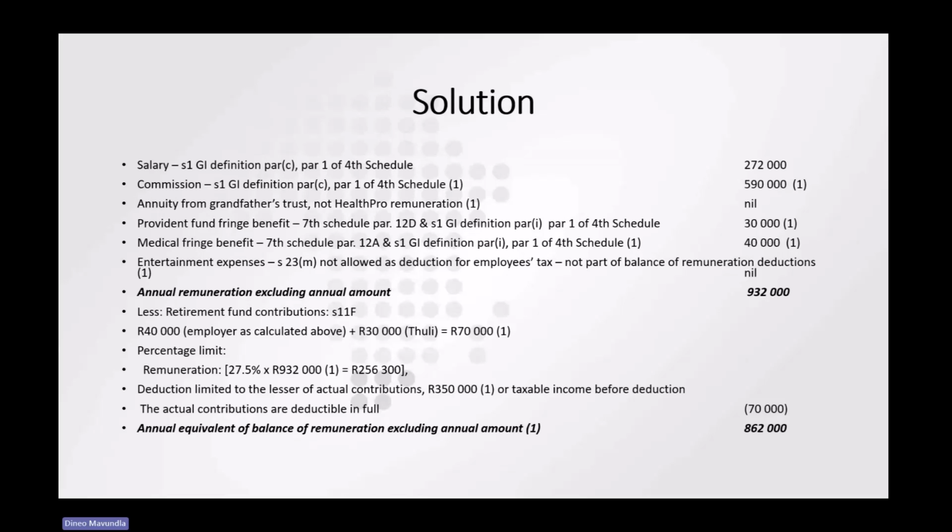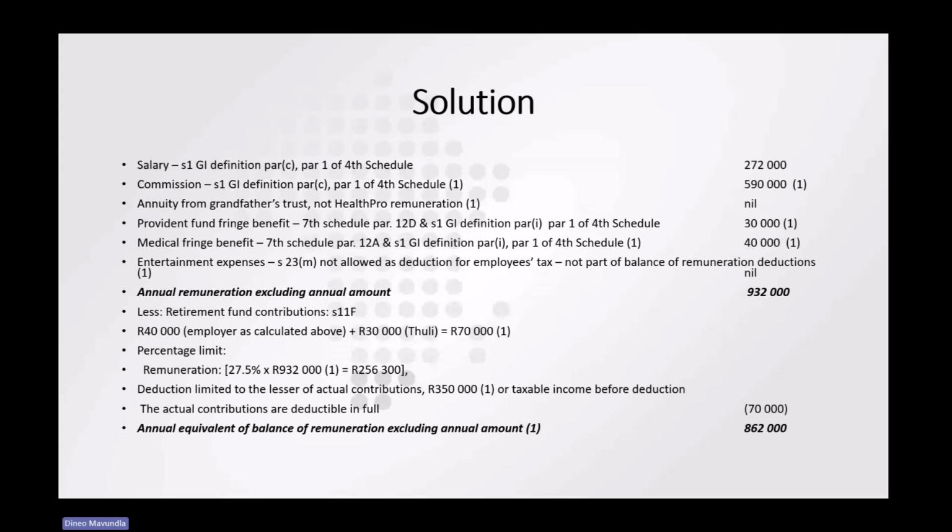Then you include the 590,000 Rand and you would get 1 mark for that. The annuity from the grandfather's trust is not remuneration from the employer. So you would get a mark for saying that it's not remuneration from the employer. So you would include 0.